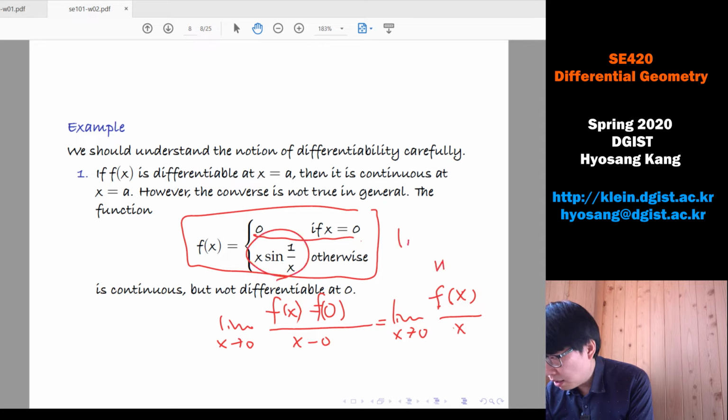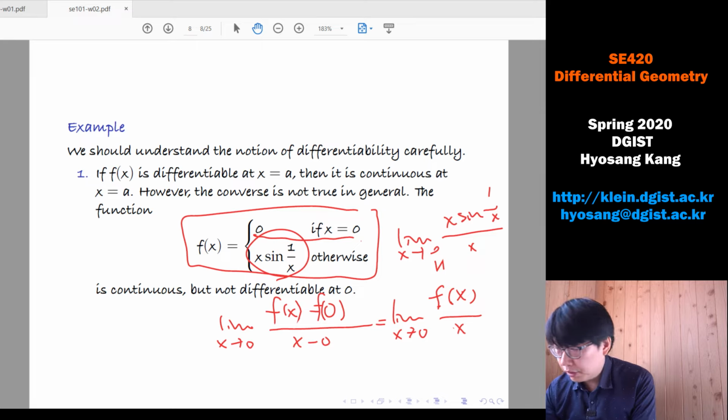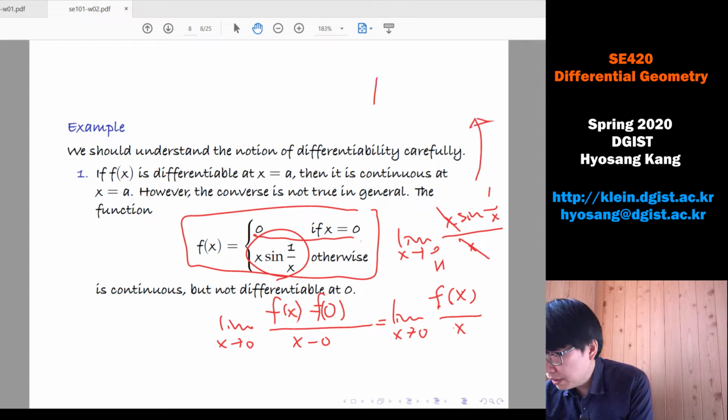So we have the limit of x sine 1 over x, over x. Now, x is not 0, so this is a small number close to 0, so still you can cancel out these two. And what you have is the limit of sine 1 over x.